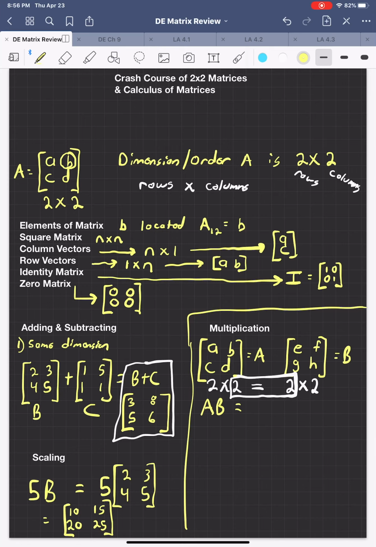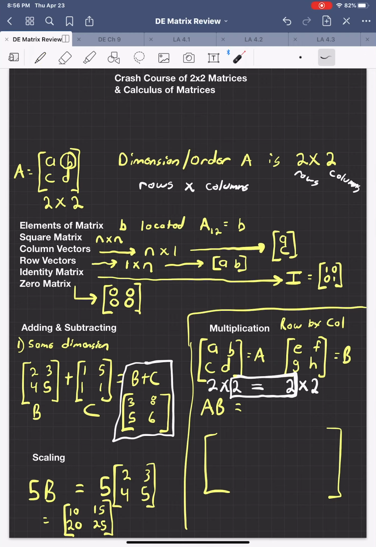So they can't contradict any previous axioms. But the idea for multiplication is you multiply rows by columns.